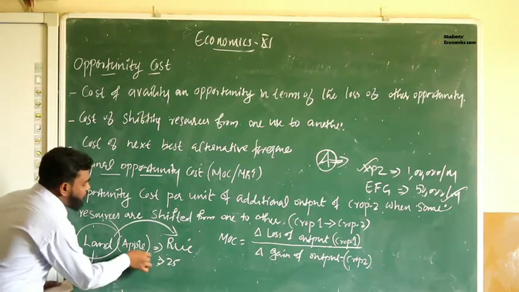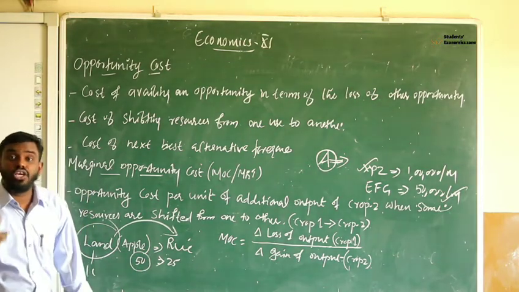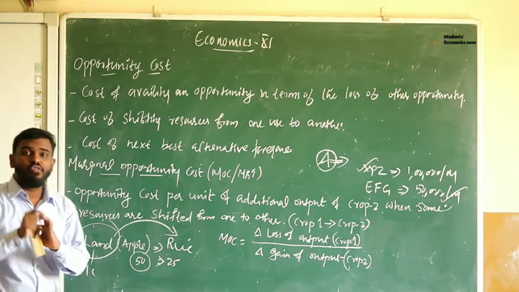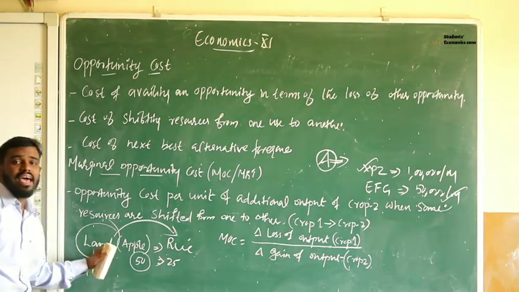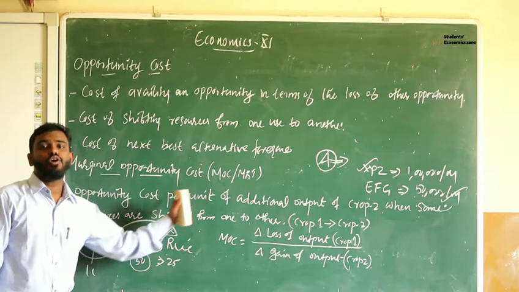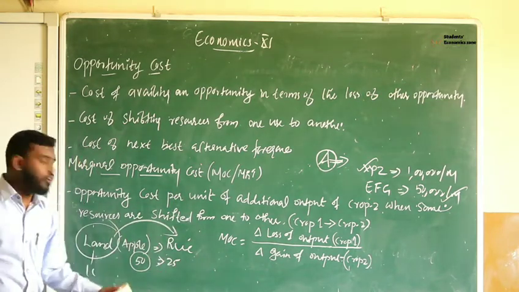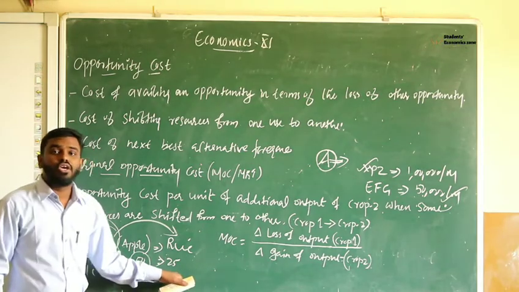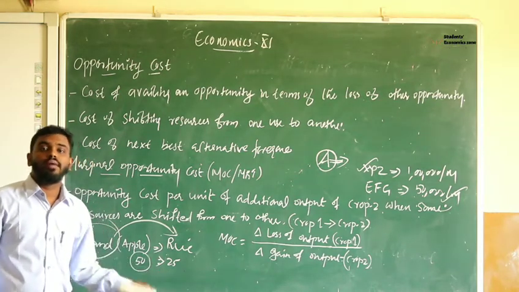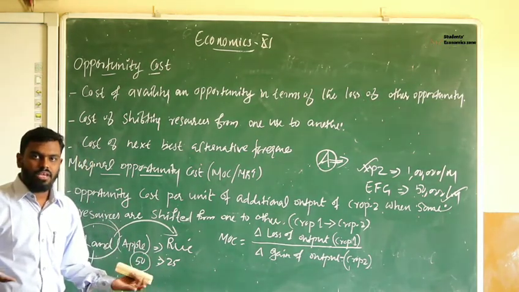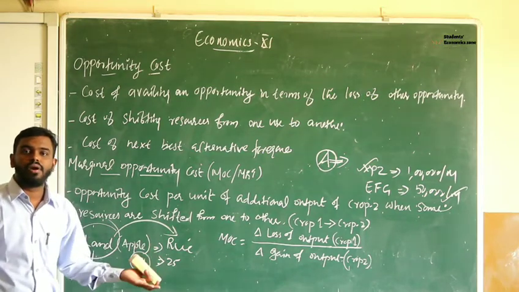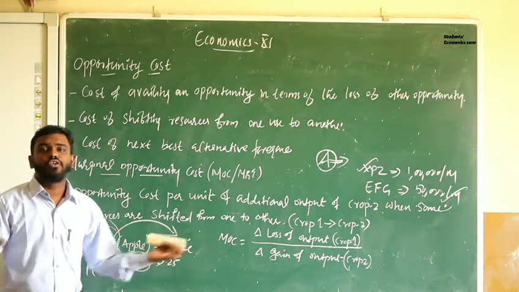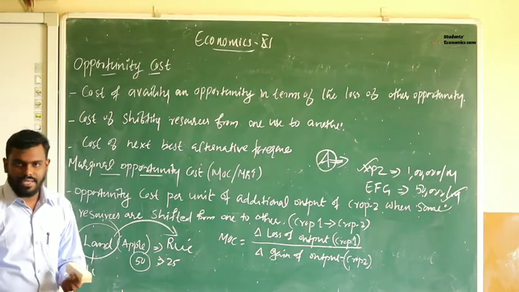So he sacrificed 50 units of apple. While transferring this land from the production of apple to rice, he lost 50 kilogram apple, but at the same time he got 25 kilogram rice.